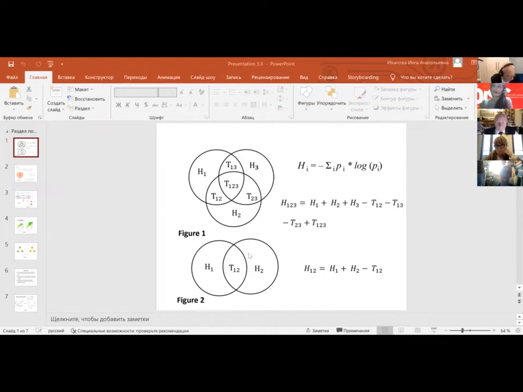But when we look at these two diagrams, the double helix model and the triple helix model, we can see that if we base on the information theory proposed by Shannon, we have a problem. This problem is called the sign change problem, because for the double helix model, we have to subtract this overlapping area in order not to count it twice.